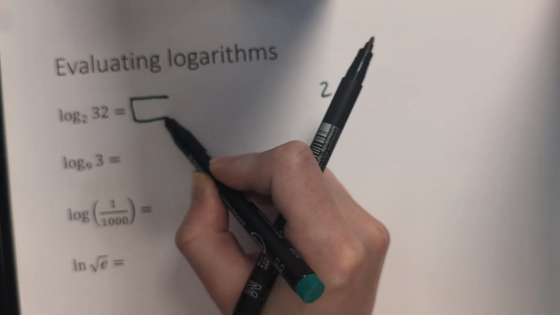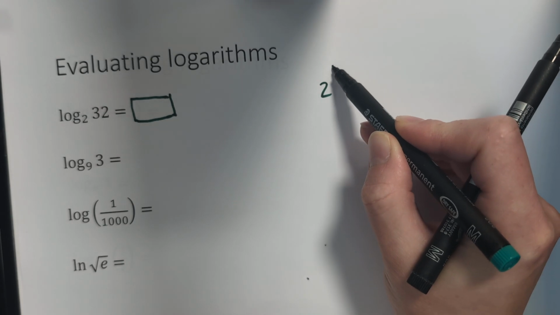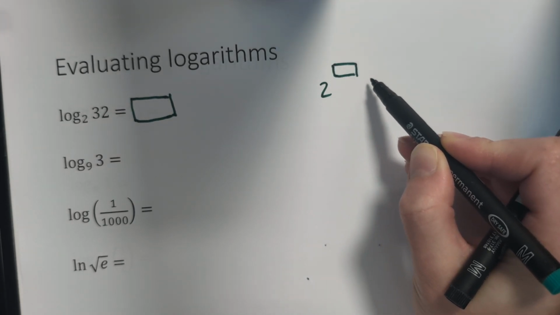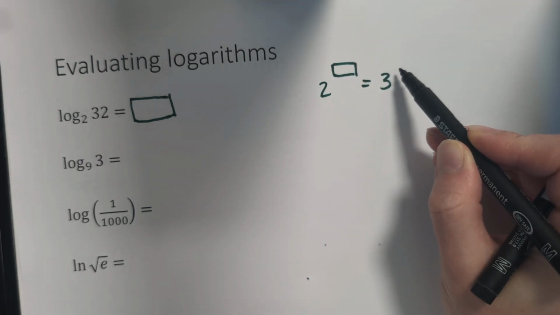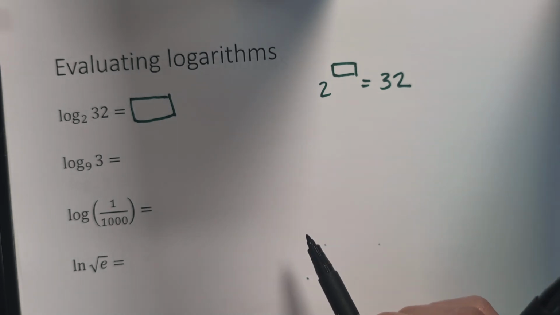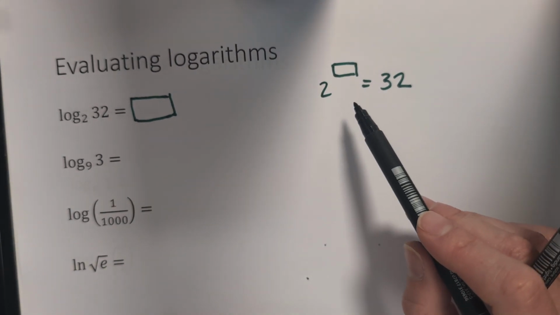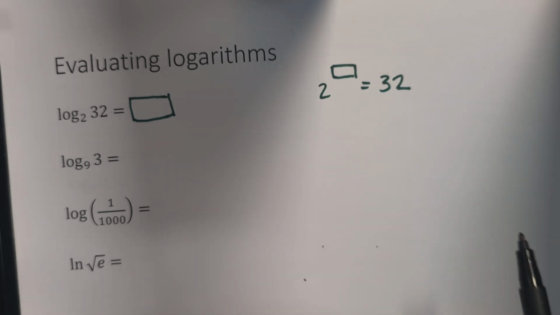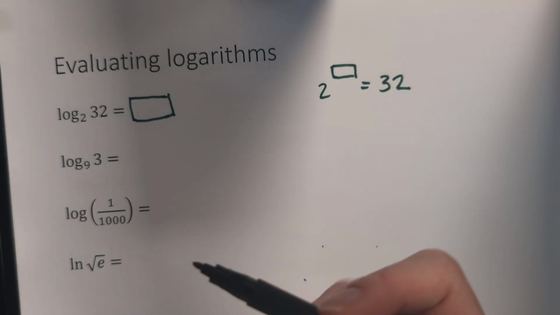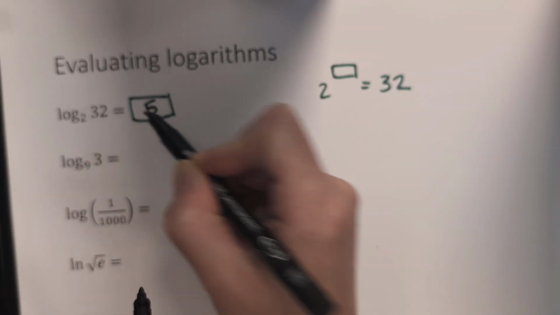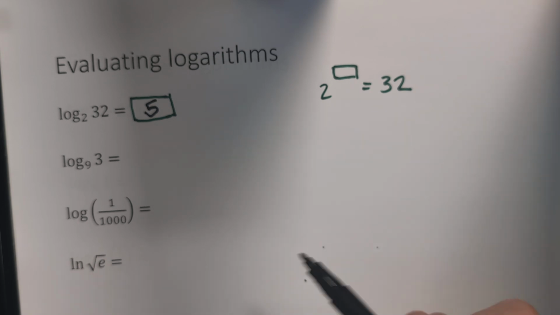What goes in this box? That's saying 2 to what thing is 32. Really simple understanding this. 2, 4, 8, 16, 32. 2 to the 5th is 32. So the exponent I'm looking for is 5.